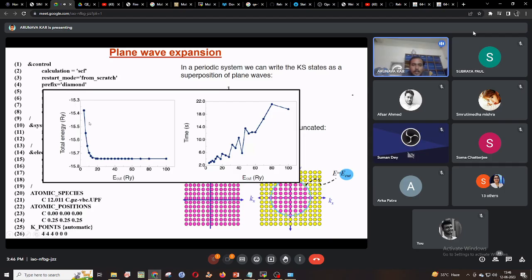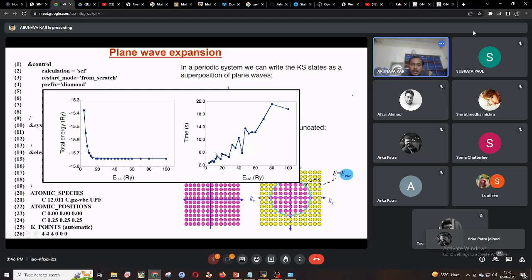What we find is that above 20 or you can say 30 Ry, the total energy is not changing, though we are changing the cutoff. We can also check that when we are increasing the cutoff energy, the time required for the calculation is increasing.